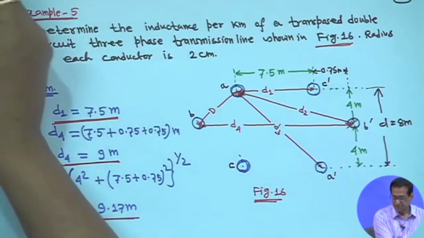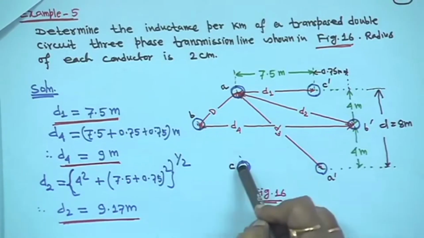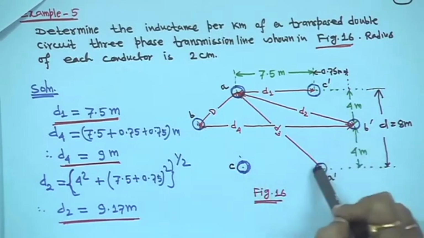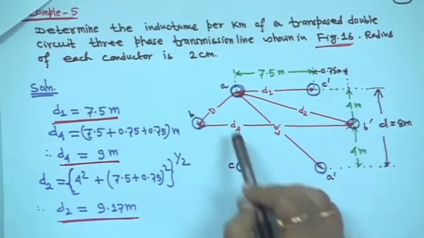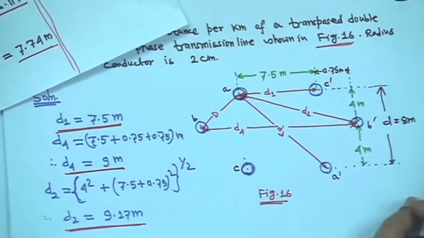Then you have to find another distance, this d, which is symmetrical. So, AB, C dash B dash, BC, or A dash B dash, all these distances are the same, symmetrical. So, you have to find out d.